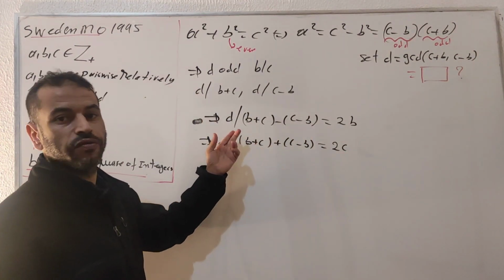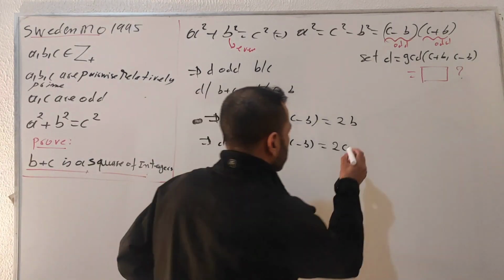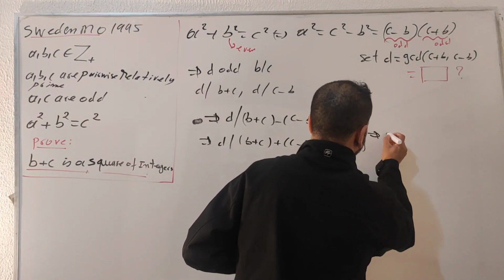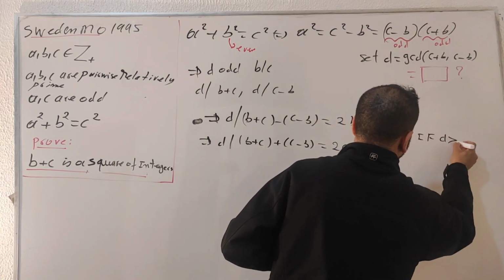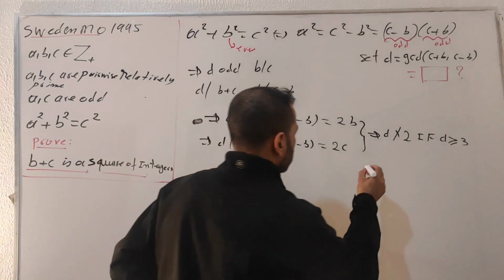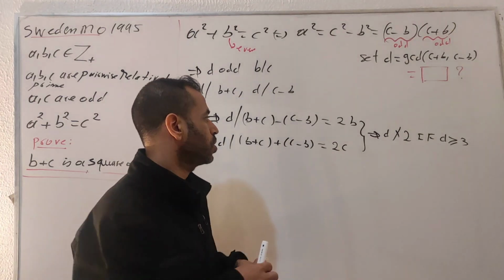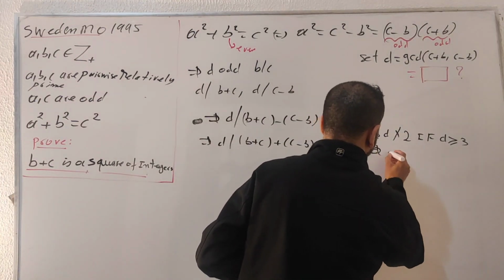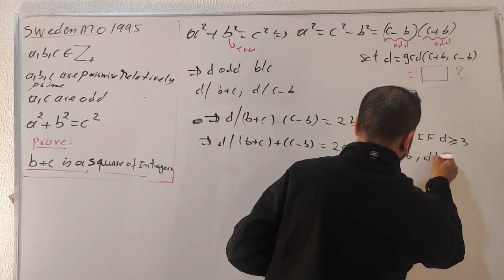Based on this information, since D is odd, D cannot divide 2 if D is greater than or equal to 3. Since D divides 2b and 2c, D divides b and also divides c.